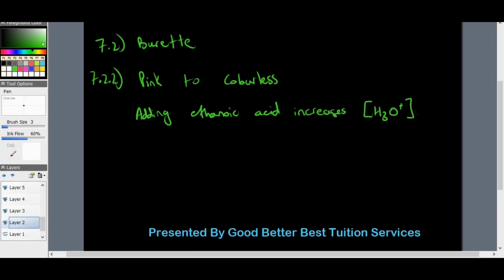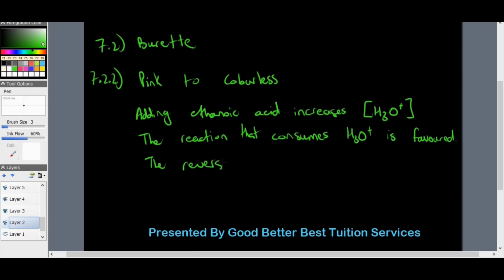Now the reaction that consumes H3O plus is favored. That reaction would definitely be the reverse reaction. The reverse reaction in this case would be favored.